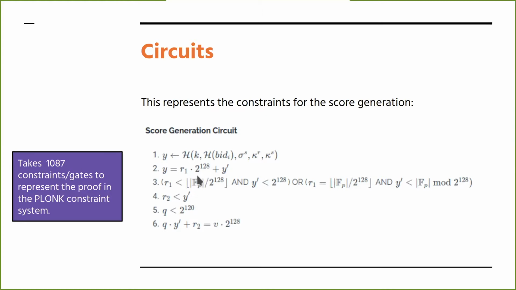And inside of the score generation circuit, we prove that the score we generated for our bit is correct. So that we are not cheating in order to get a privileged score and therefore have more chances to be the user that is elected to be the block generator during the round or the epoch.